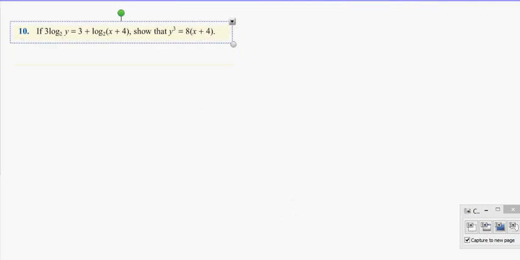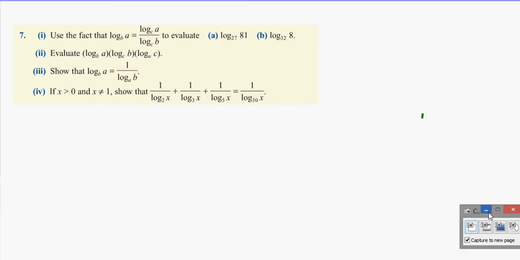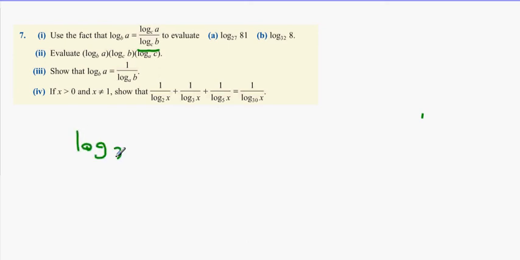Now, number 7. Using the fact that log A, it gives us the rule, by the way, so that's actually really nice of them. Now, I'm going to explain what this rule does, okay? Log 27 and 81.